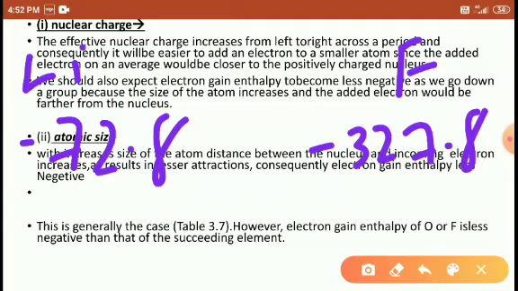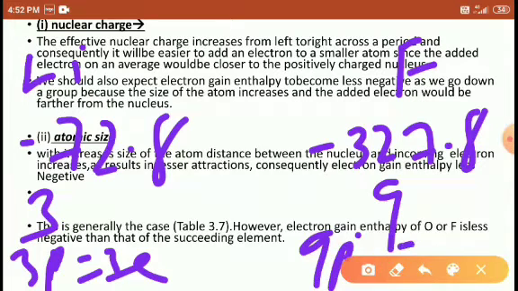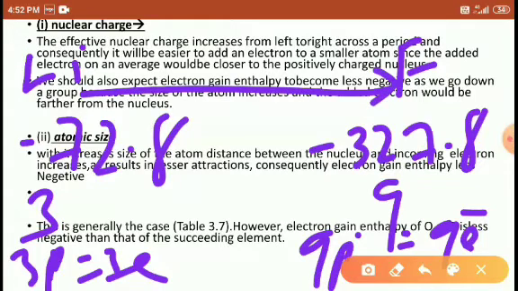So here the atomic number of lithium is 3, here it is 9. Here there are 3 protons and 3 electrons, here 9 protons and 9 electrons. When we move from left to right, the electron is added to the same shell, the same principal quantum number.